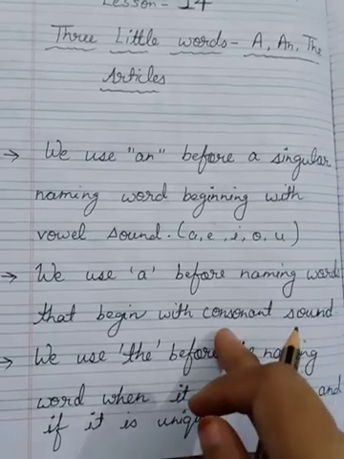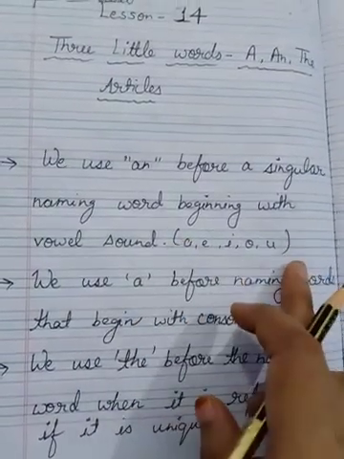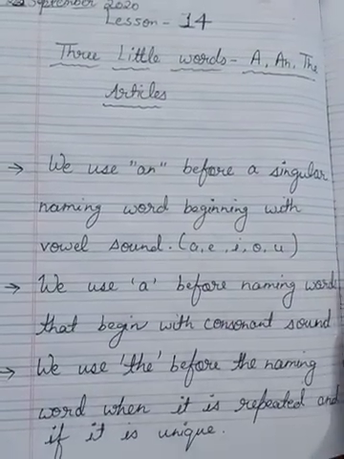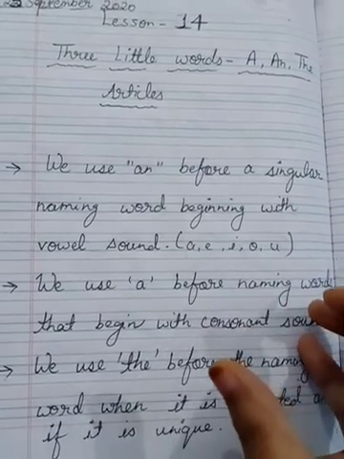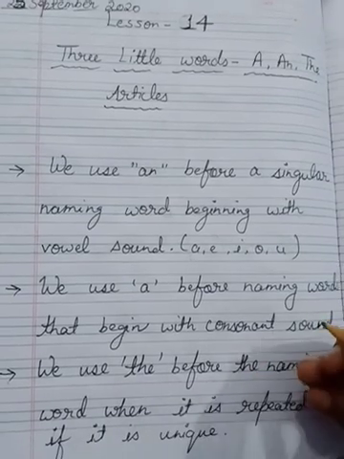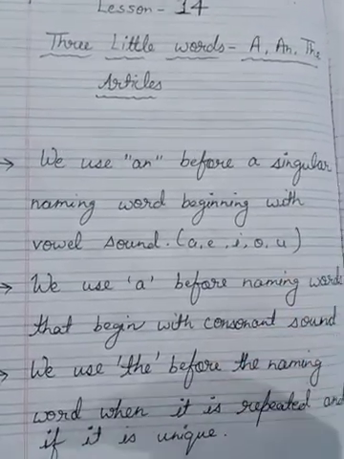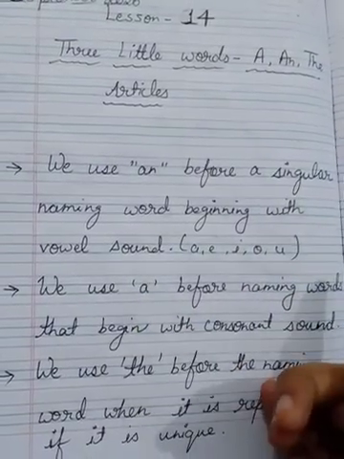What are consonants? Consonants are letters except these five. Except these five, others are consonants. So if the word is starting with a consonant or that word is having a consonant sound, we will write a before that word.